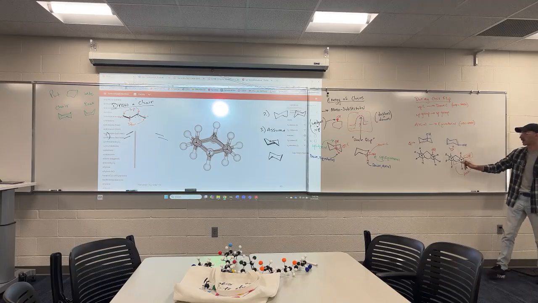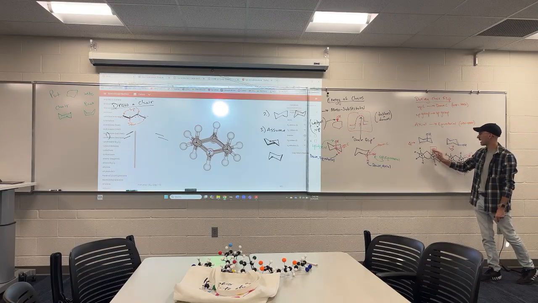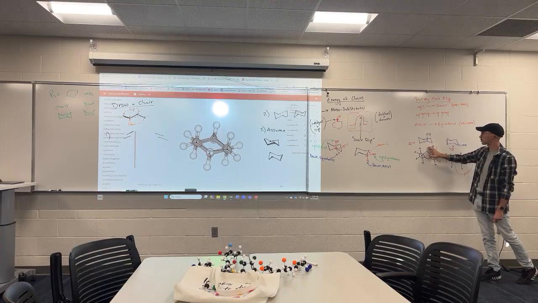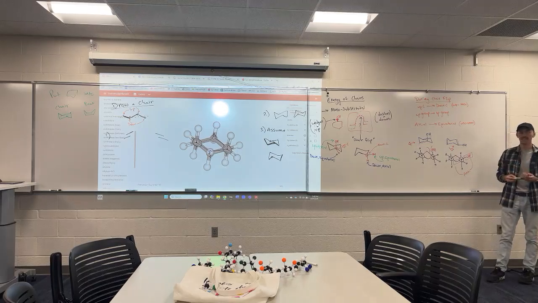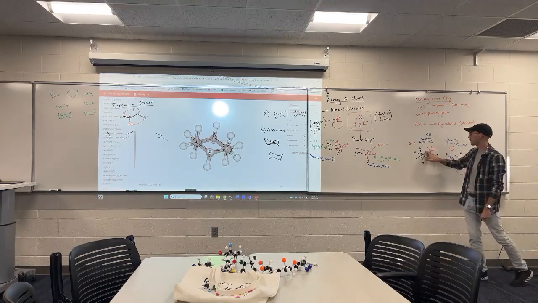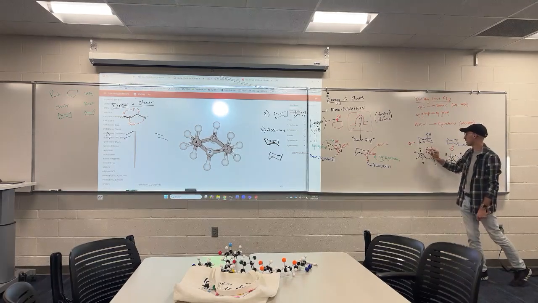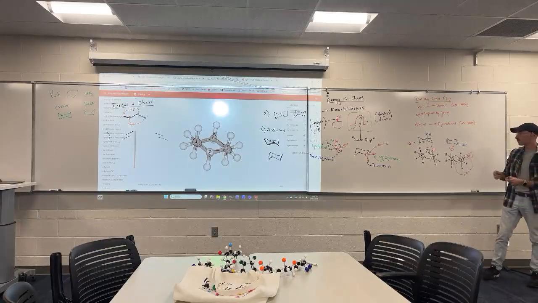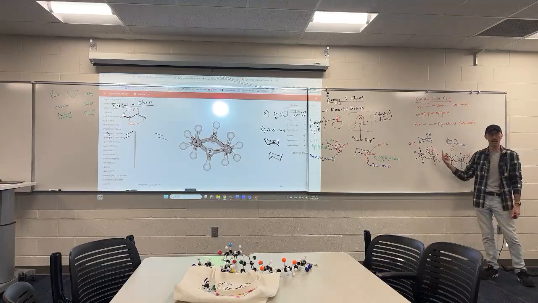But the conformation on the left has the OH group and the CH2 group gauche to each other. And that is steric strain. It tricked you because the CH2 was written as a bond line. But those are two non-H groups next to each other.